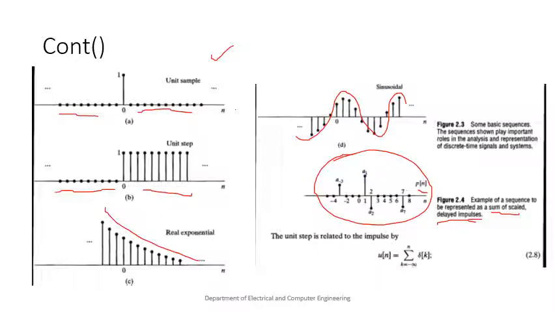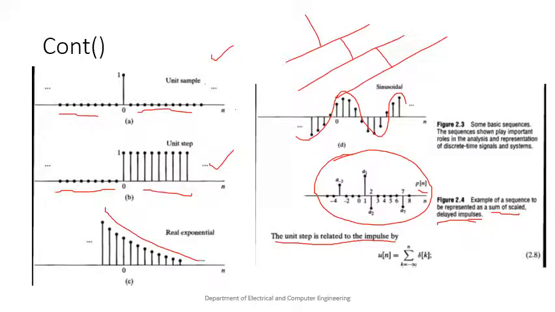Anyways, the next thing that is important to talk about is how the unit step is related to the unit impulse. We know how we can obtain the unit step using this unit sample. If we have many unit samples, this, this, this, and we add them, we are going to obtain this unit step.